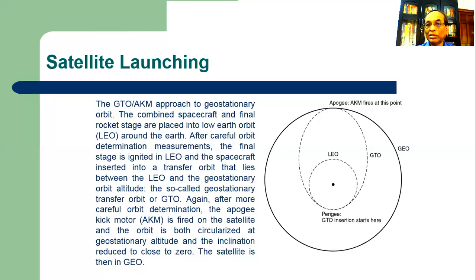And when it arrives at GEO, the apogee kick motor will fire, and it will keep the satellite in the plane of the equator.